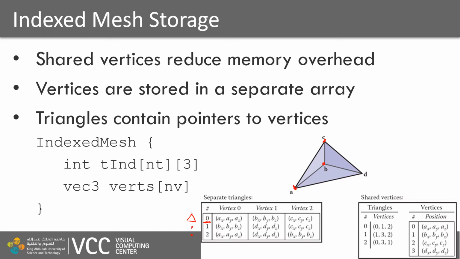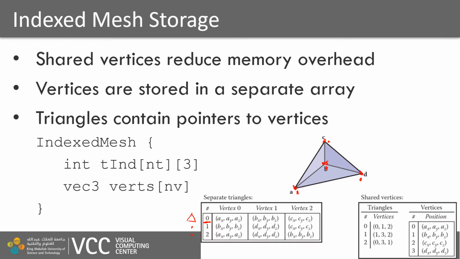But for triangle 1, we will again have B for the second time, D, and C for the second time, and then for the third triangle, we have again A, and again D, and again B. So these triangles are storing duplicate copies of those vertices, which will lead to inefficient storage or transmission of such data from one place to another.